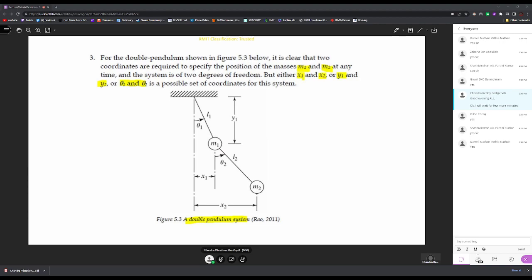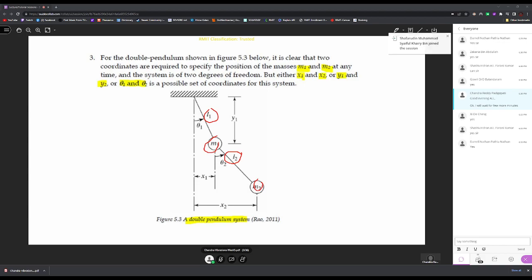All right, so you can see another example here. This is a double pendulum system. Here you can see there are two masses attached with two cord lengths. There are two masses, M1 here and M2 here. M1 is attached at a length of L1 and M2 is attached at a length of L2.